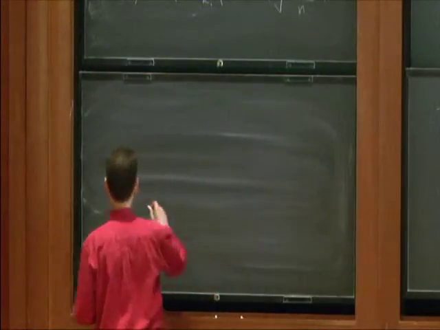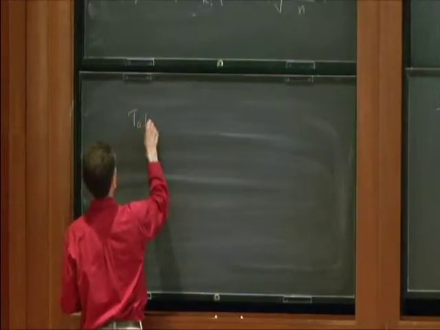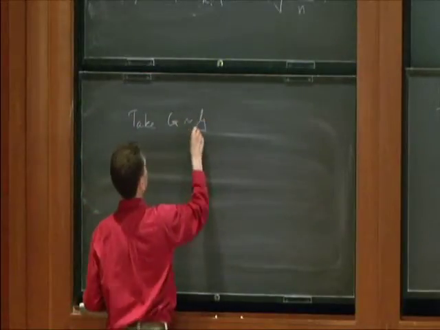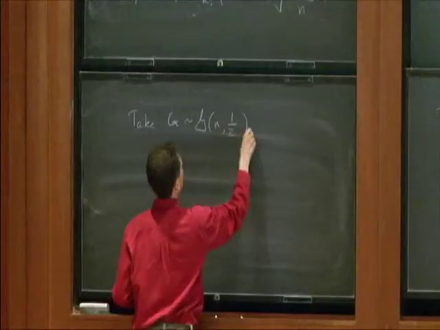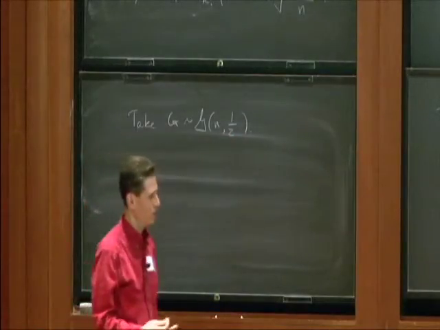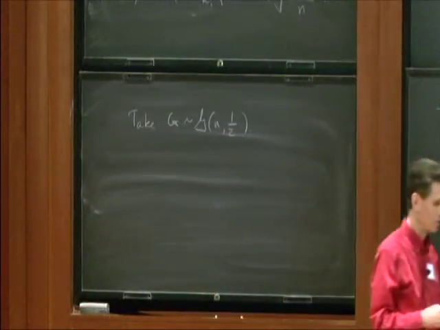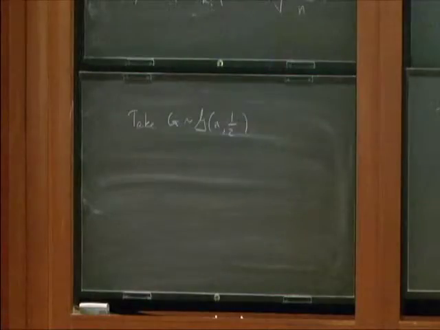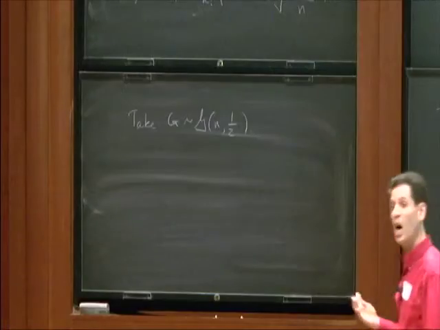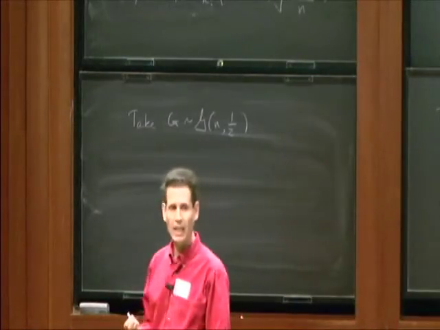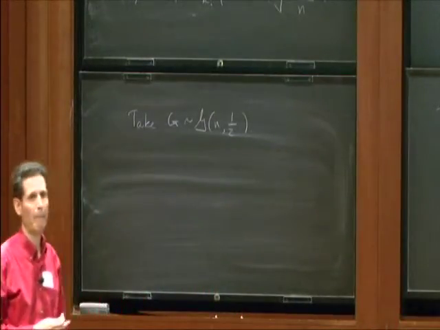So take G according to the Erdős-Rényi measure on n vertices with probability 1/2 of joining an edge between any pair at random independently. And I want to show that with positive probability, it has the properties I want.